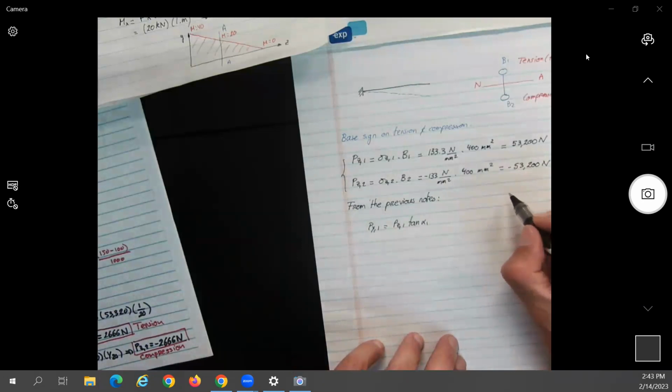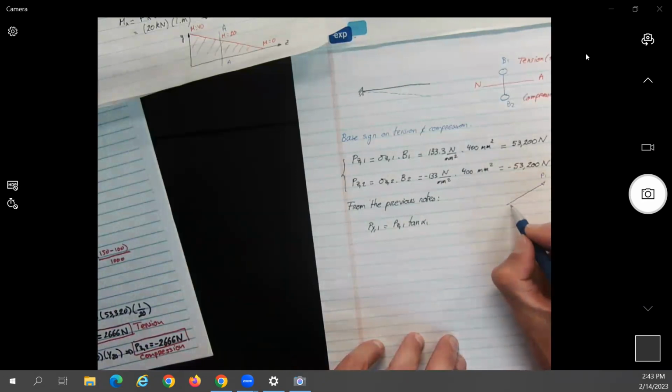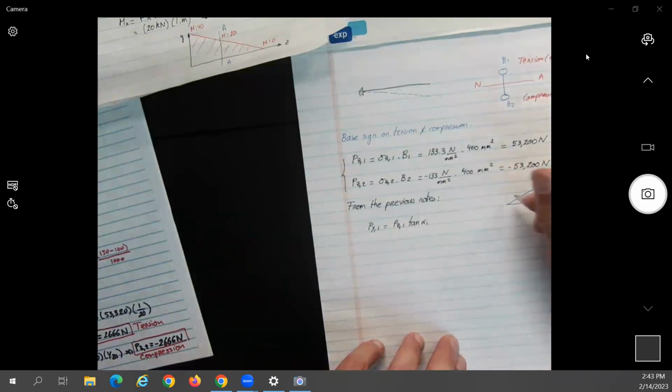So we have here P1. We are here PZ1. We had over here PY1, and this was the alpha 1.